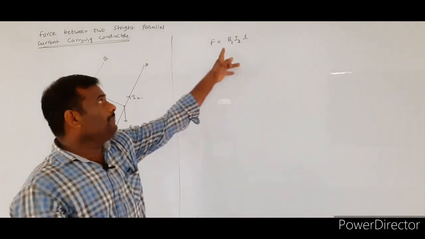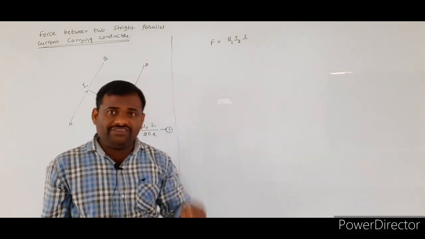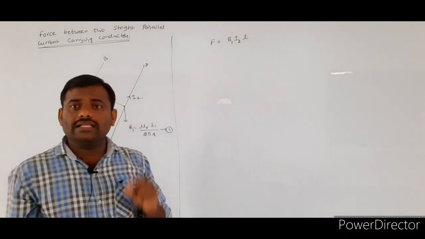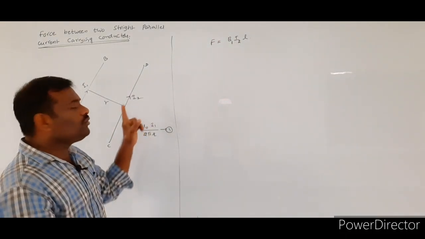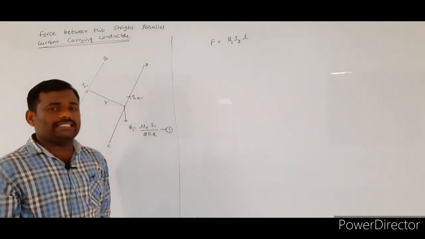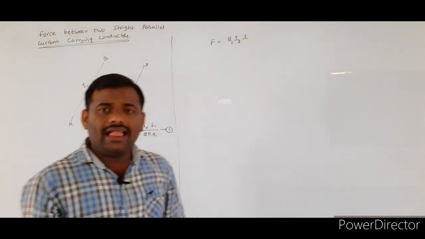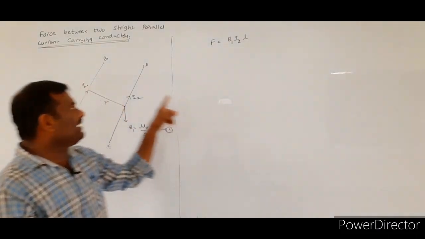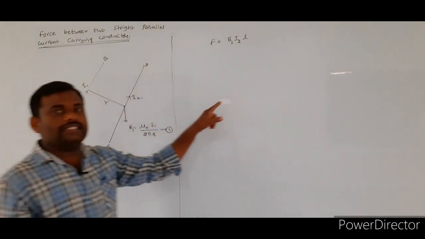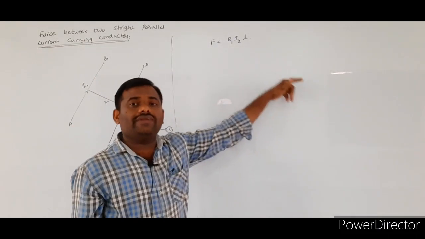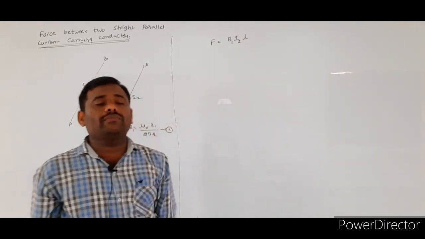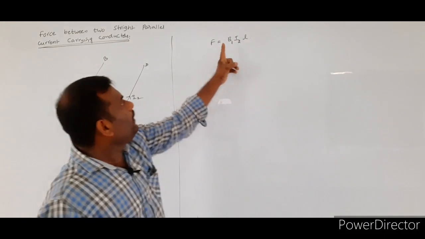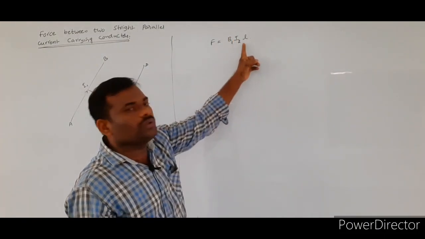Don't confuse. B1 refers to what? The magnetic field which is produced by the first conductor, and I2 refers to what? The amount of current flowing through the conductor that was placed in the external magnetic field. So I will write: the force experienced by the second conductor, whenever it is placed in the external magnetic field produced by the first conductor, is given by B1 into I2 into L. What does L denote?